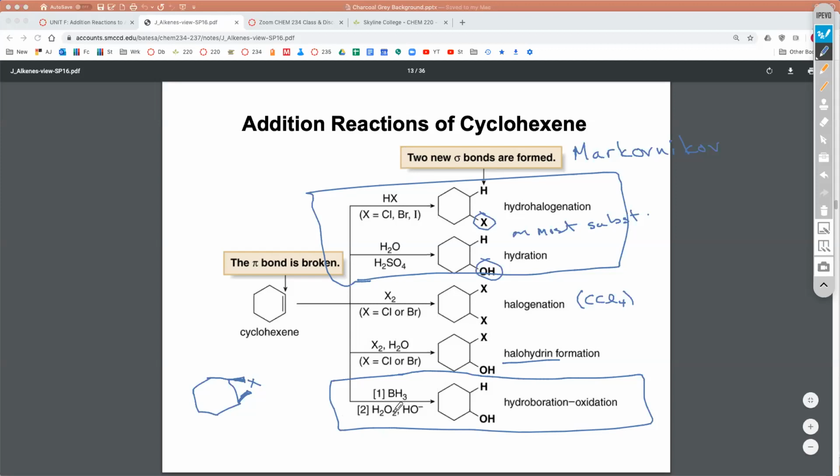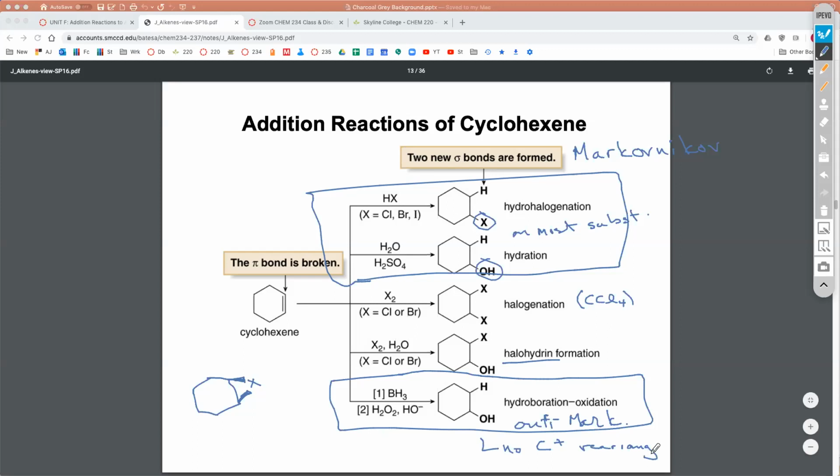And the difference between the hydroboration oxidation versus the hydration that you see up here is that this gives you the anti-Markovnikov product, which means that the OH winds up on the least substituted. Now, the other important thing here about this one is that there's no carbocation rearrangements.